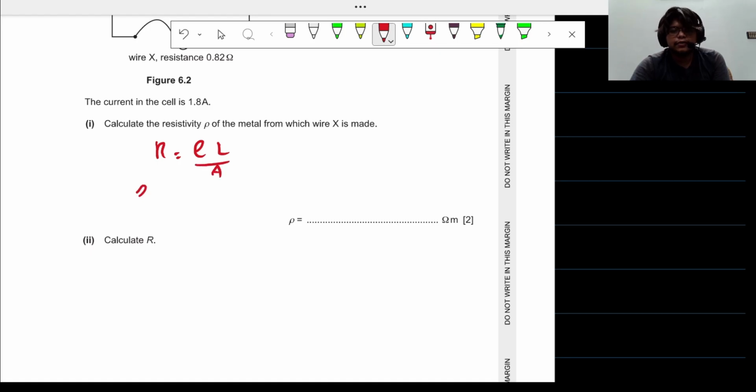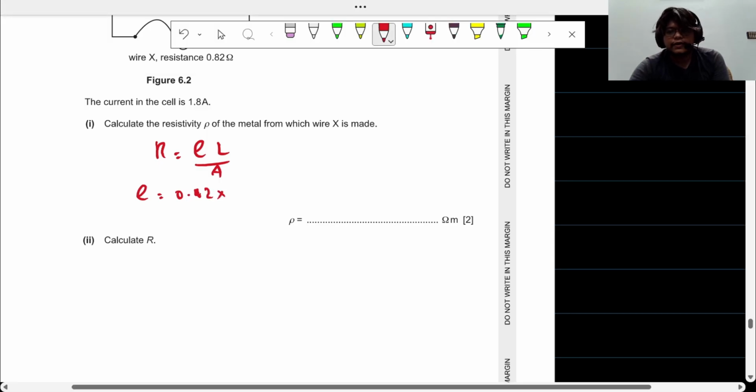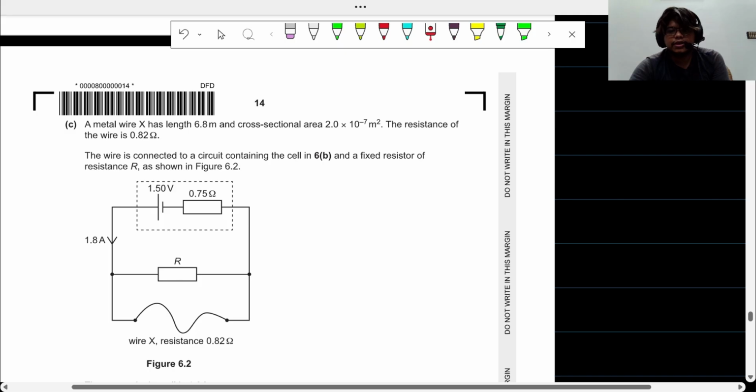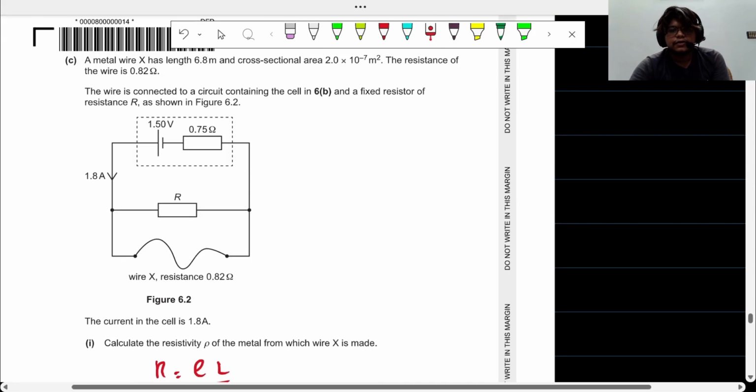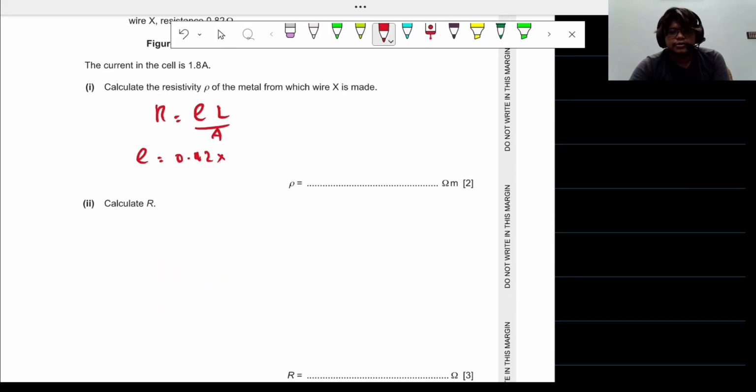So we need to find rho. Rho would be the resistance, which is 0.82, multiplied by the area. The cross-sectional area is 2 times 10 to the power minus 7, and then we have the length, which is 6.8.